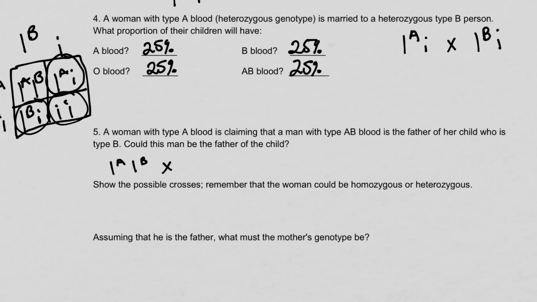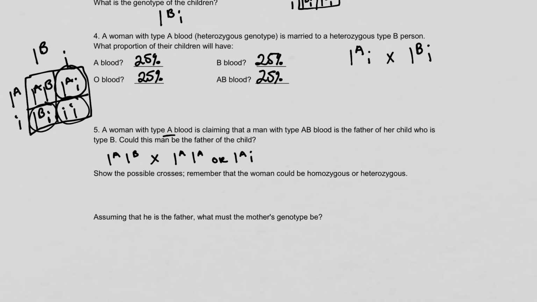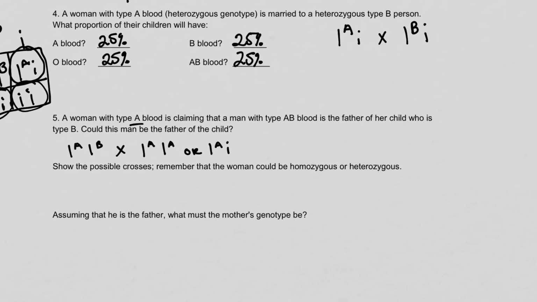She could be 2 blood types, because she could either be this one or this one. So the way to figure this out is to do a cross and determine whether or not in either of these instances she could have had a child with this guy that had type B blood.